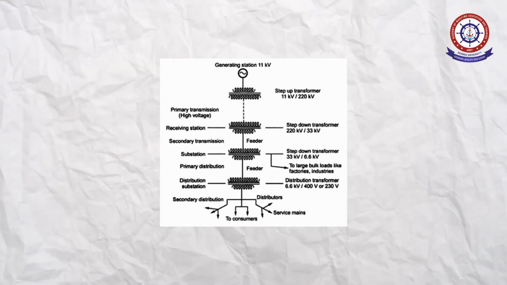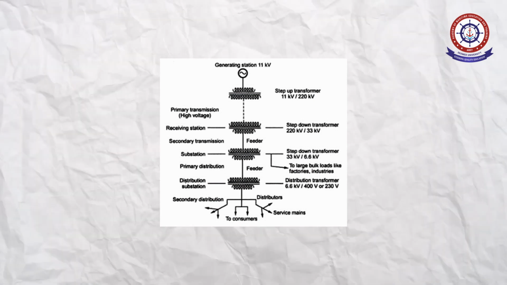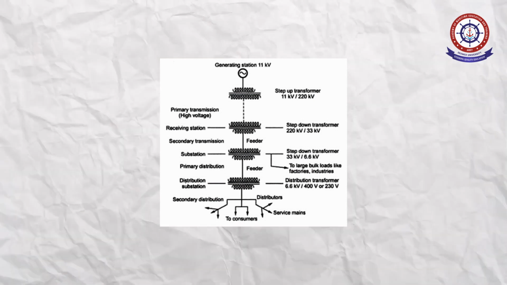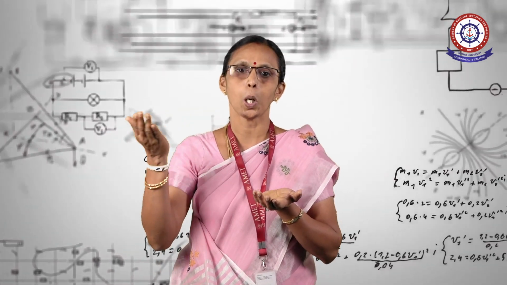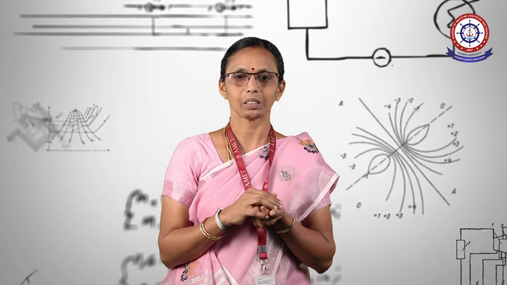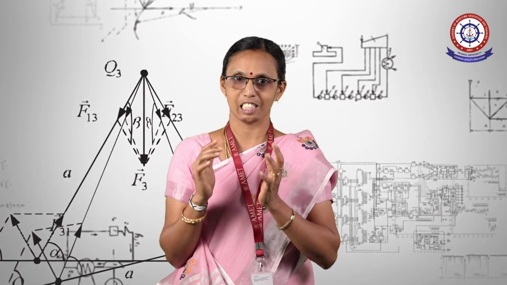So at the sending end, we have a step-up transformer. What does the step-up transformer do? It steps up the generated 11 kV to either 110 kV or 220 kV. Now the 220 kV is available for transmission.